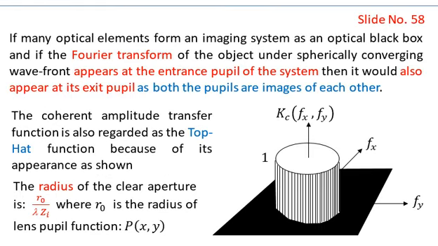If many optical elements form an imaging system as a black box, and if the Fourier transform of the object under spherically converging wavefront appears at the entrance pupil of the system, then it would also appear at the exit pupil, as both pupils are images of each other.